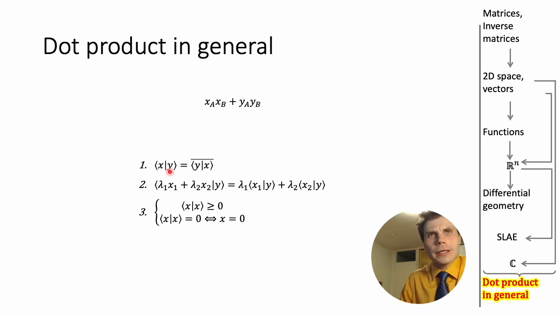Here x and y can be quite well, pretty much whatever. We have a great flexibility of applying the notion of dot product to multiple different vector fields, vector spaces. It can be the space of real numbers, multidimensional real numbers.